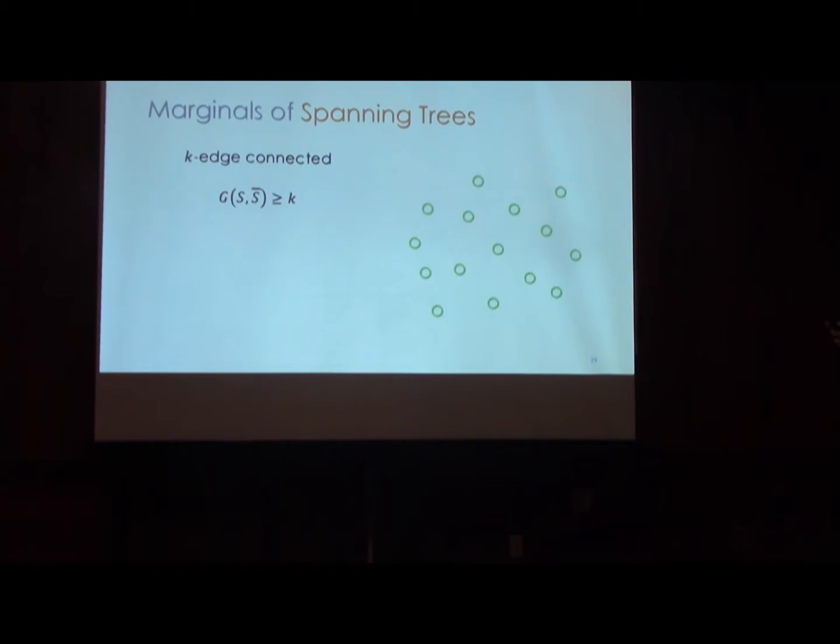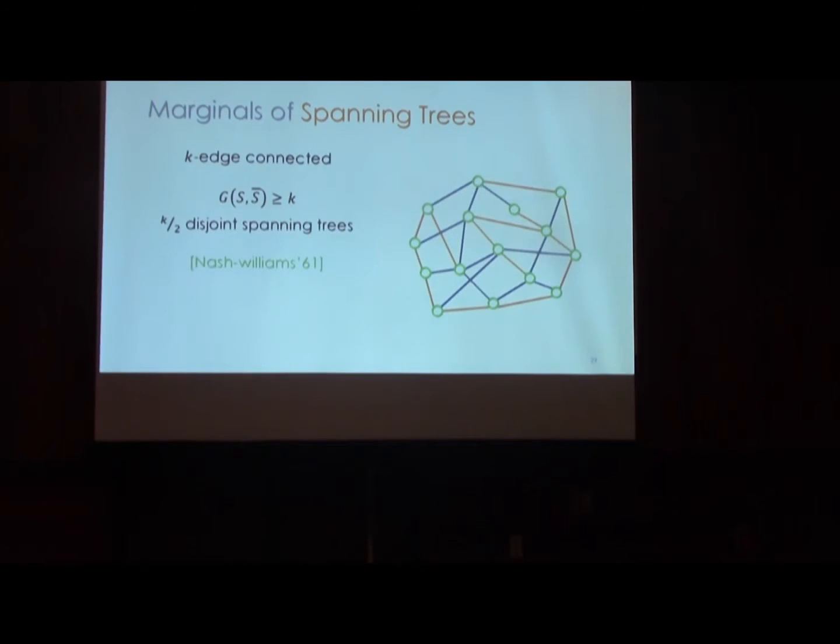Let me go over this slide too. So this in particular implies that if you have a k-edge-connected graph, by the Nash-Williams theorem which Amin described, you can always find k over 2 disjoint spanning trees. And if you take the uniform convex combination of these k over 2 disjoint spanning trees, it's going to be a point which has entries bounded by 2 over k.